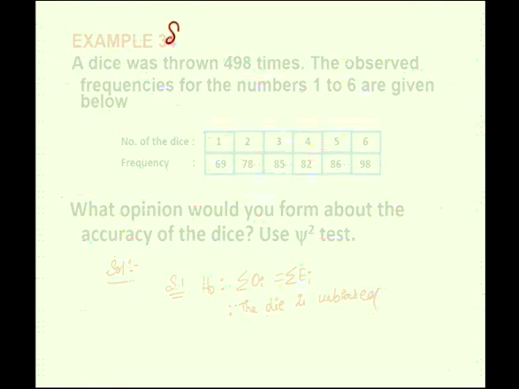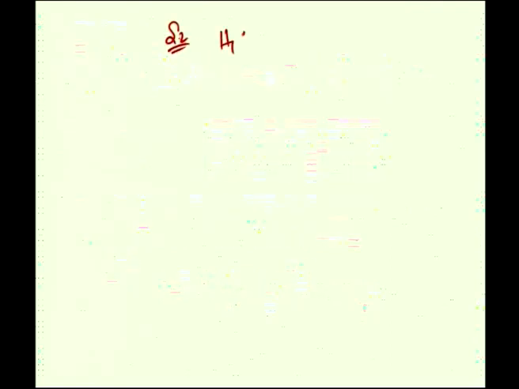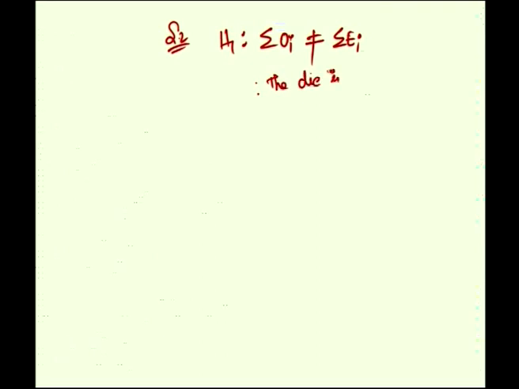And step 2 says H1 such that summation OI is not equal to summation EI, where we say that the die is biased. It is not accurate enough to give the results.